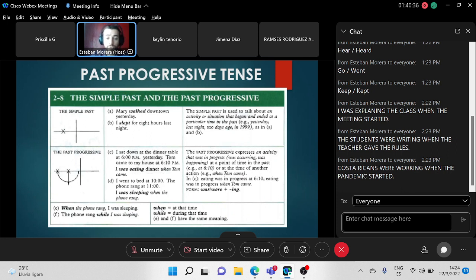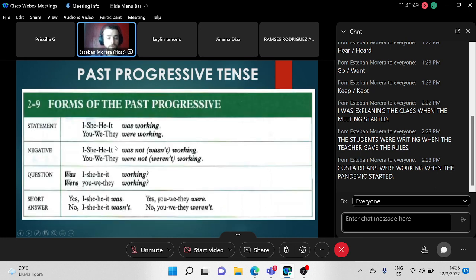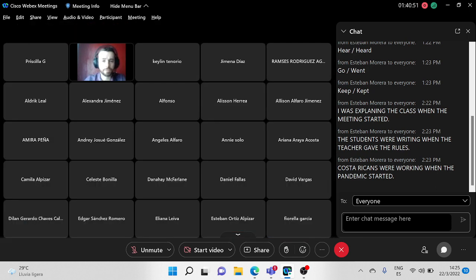Again, we use when to talk about the action in the simple past tense, and we normally use while to talk about the action in the past progressive tense. So let's pay attention to this.